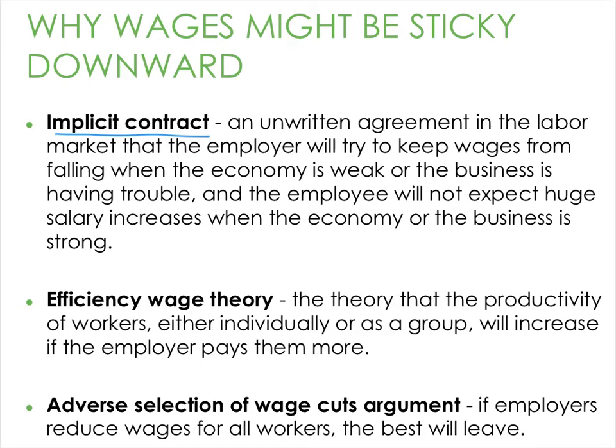Because most of our income comes directly from working for wages, and it can be really destabilizing when your wage rate changes. So although it's good for the market to let prices go wherever they want to be, it's not good for the people who depend on those wages for income to have them be unpredictable. So that's one reason you might see wage rates not moving around as much as they should. In other words, they're sticky.